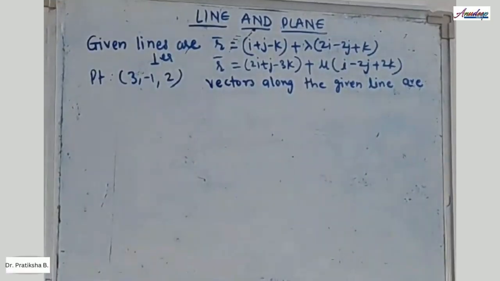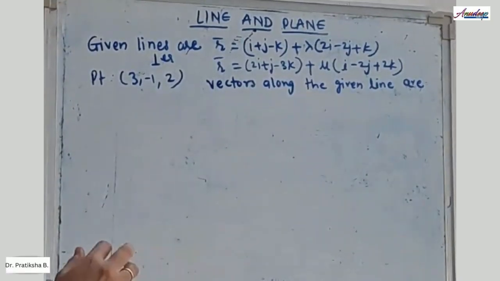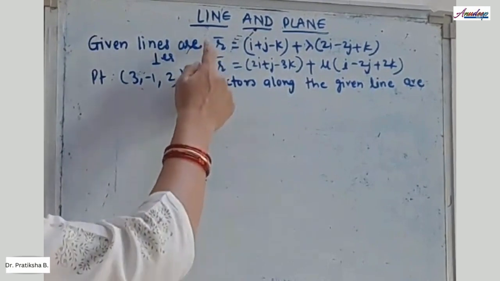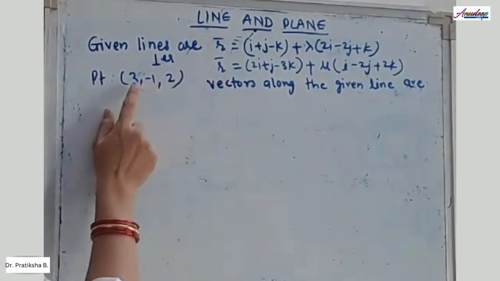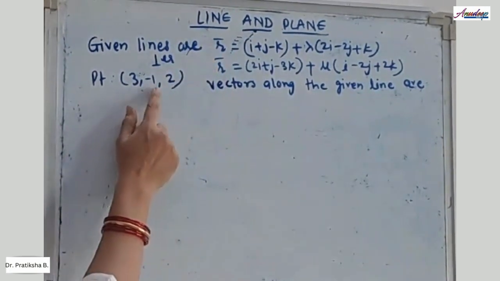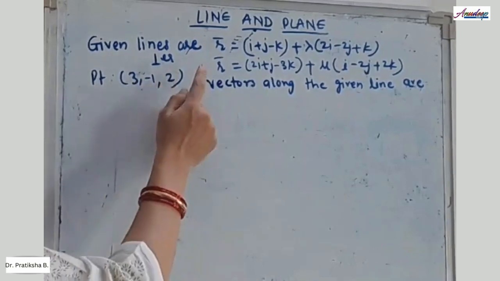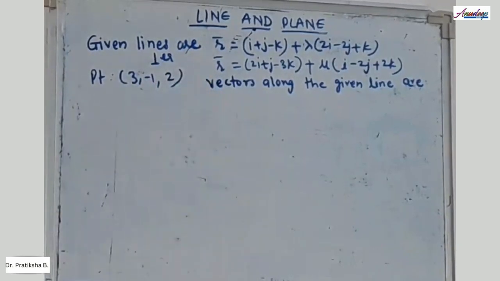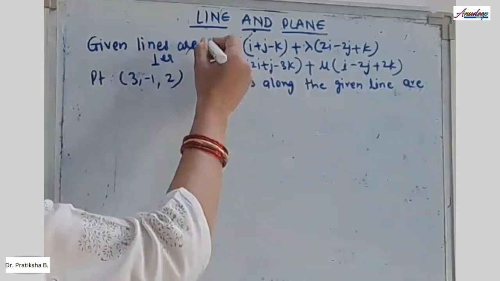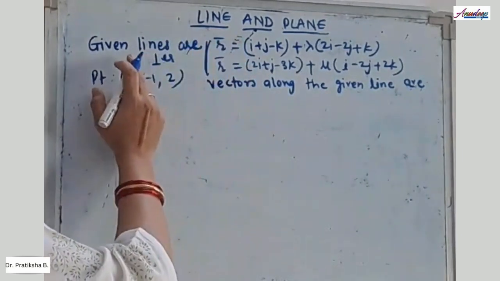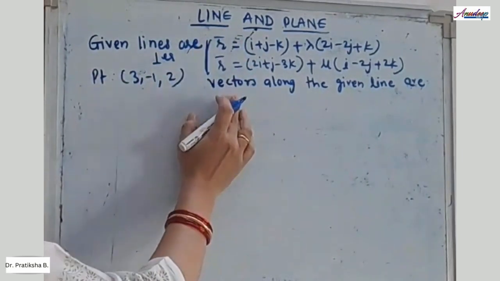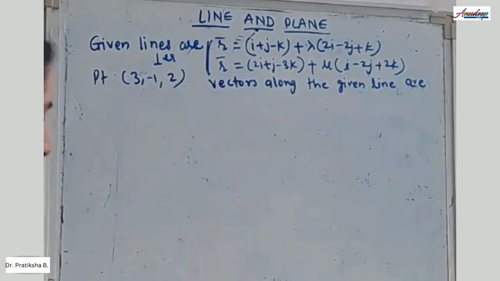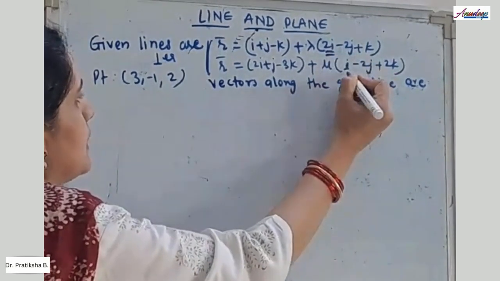In this problem, we have to find the equation of a line perpendicular to these two lines and passing through the point (3, minus 1, 2). We have been given these two equations in vector form, and both are perpendicular to the required line.